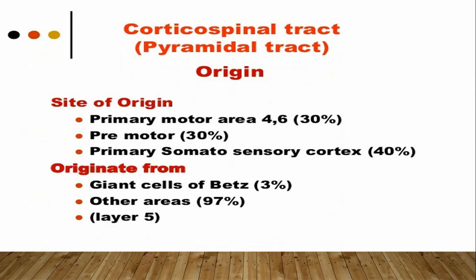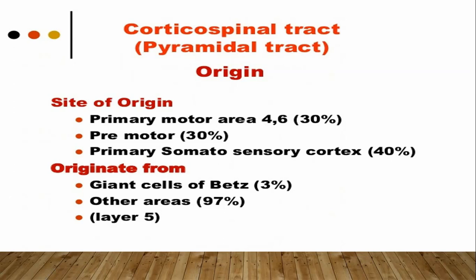From the information regarding layer 5, we know that there is a physiological and anatomical classification of the cerebral cortex, mainly the neocortex. This consists of 6 layers.